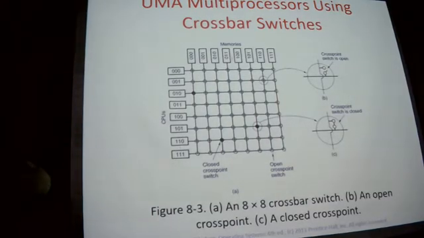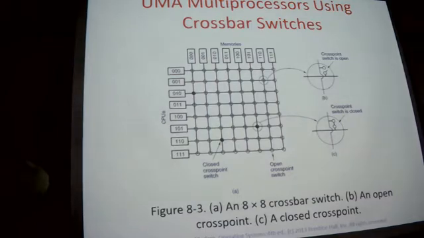And this row represents a set of memories. Also 8 memories. Because there are multiple CPUs, and each CPU may want to fetch data from any memory, maybe the first one, maybe the last one.